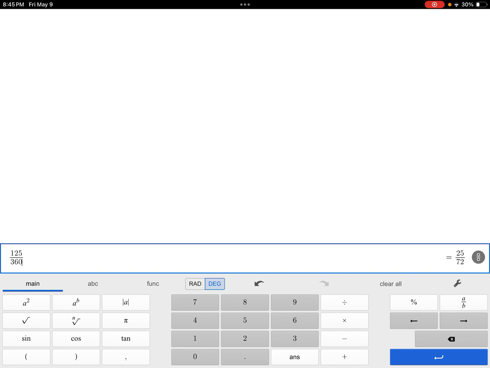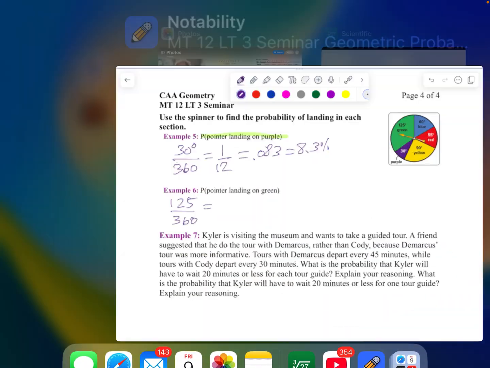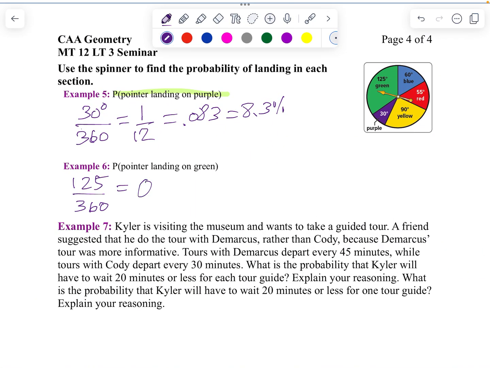So we're going to say just 0.347. So that's 0.347 or 34.7%.